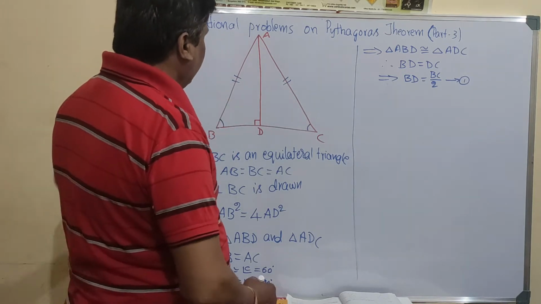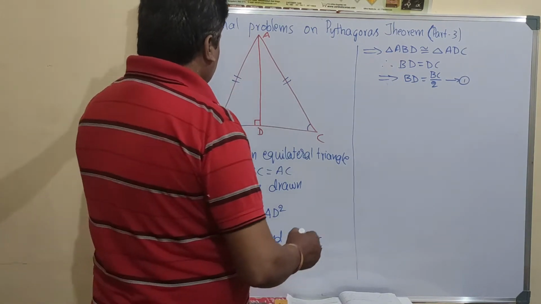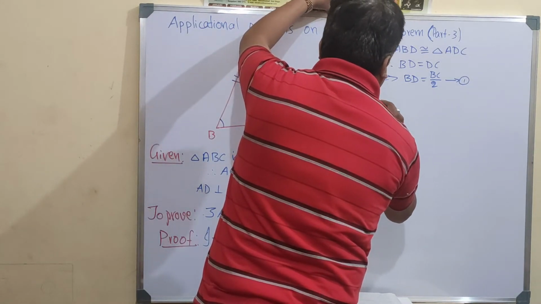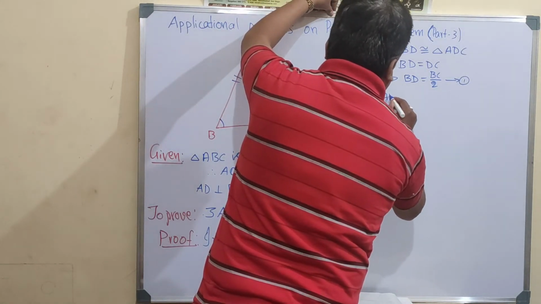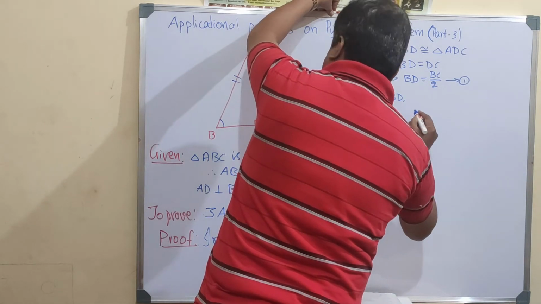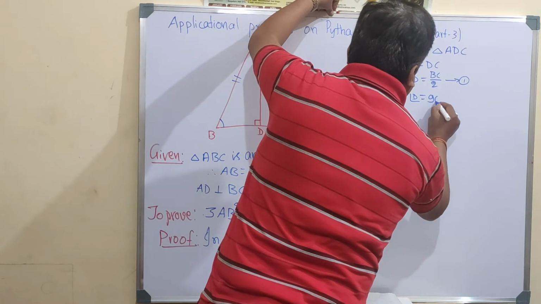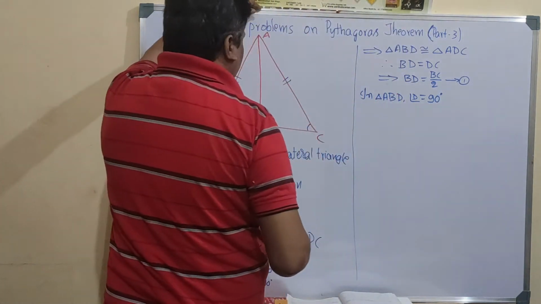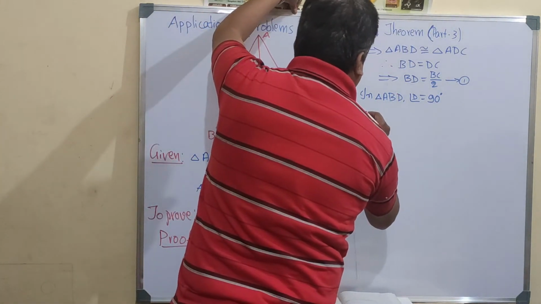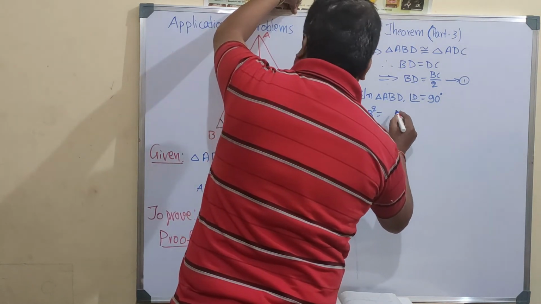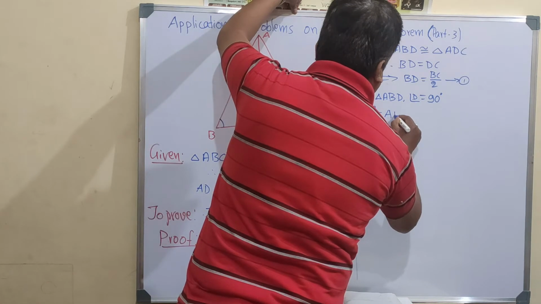Now we are moving to triangle ABD. In triangle ABD, angle D is equal to 90 degrees. Therefore, what can we write? Square on the hypotenuse is equal to the sum of the squares of the other two sides.